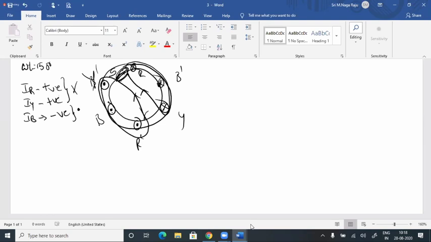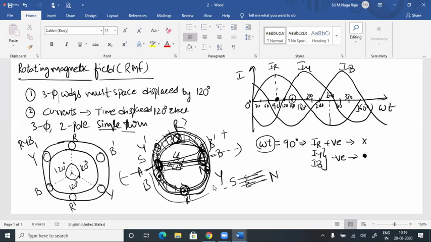This metal part, I'm circling here, radiating the flux, acts as a north pole. Now what is the magnetic field axis? This is the position of the magnetic field axis. What is the position of the magnetic field axis when omega t equal to 90 degrees? This is the position. Next case, this is the position.